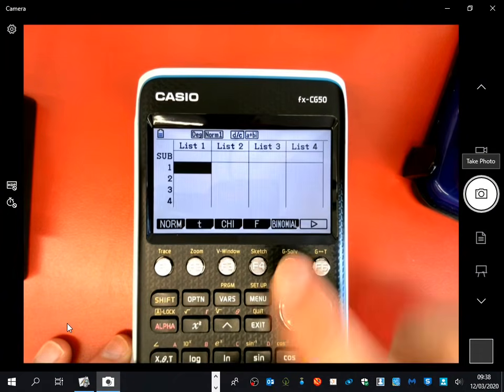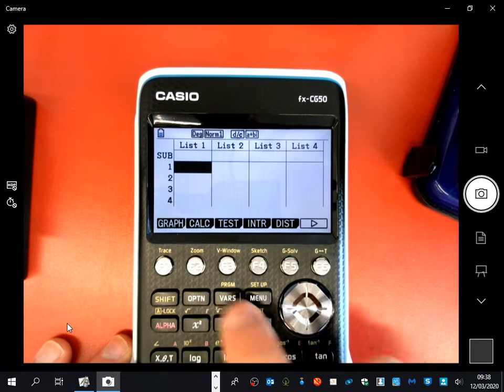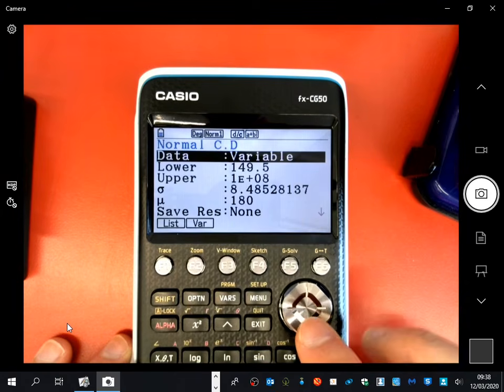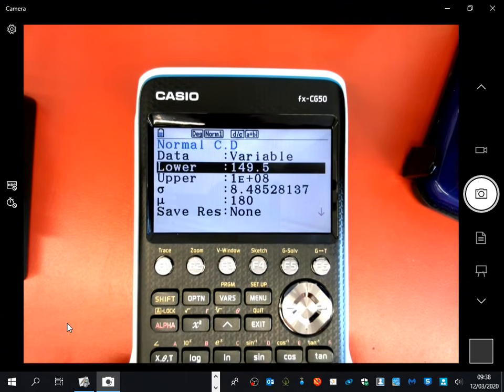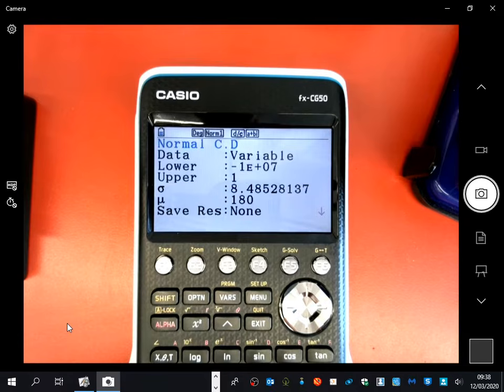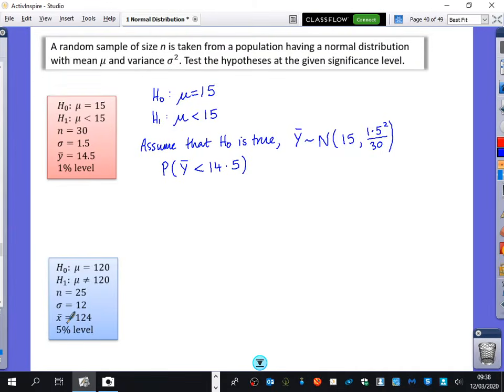Okay, so we're going to go to normal distribution, and the cumulative one, not the probability distribution. We wanted it to be less than 14.5, right? So my lower is going to be minus infinity. My upper is 14.5. Now, this is a bit we need to be really careful of. The standard deviation that we've got here is actually the variance. So the variance is 1.5 squared over 30.